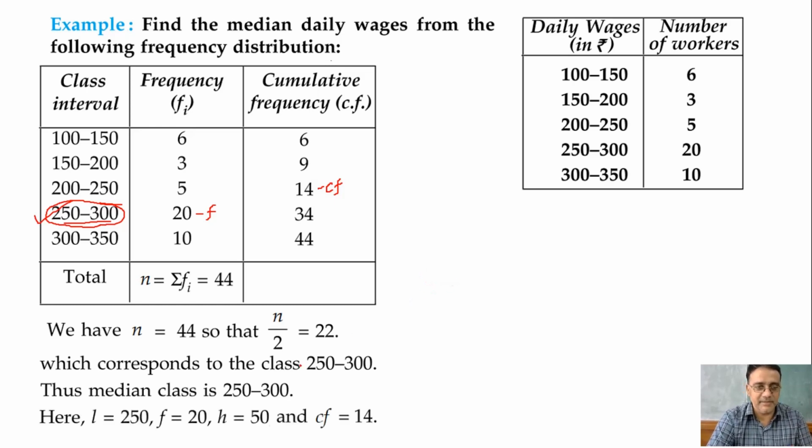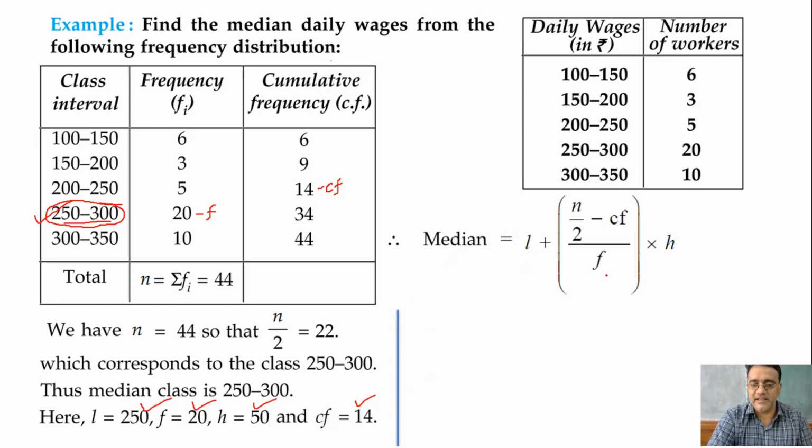So हम लोग अब सभी values लिख रहे हैं, L is 250, F is 20, H class size 50, and CF is the cumulative frequency of the class preceding the median class. Now we'll write the formula, इस side formula लिखेंगे. Now we'll substitute all the values.